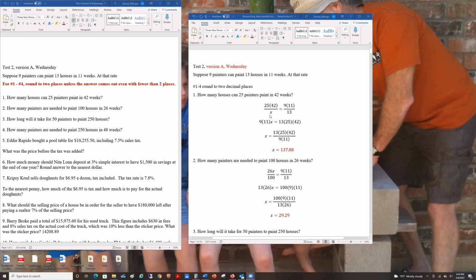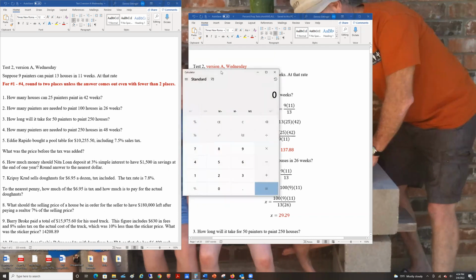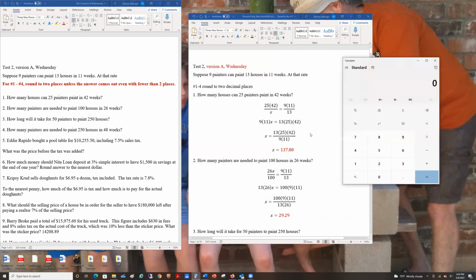You cross multiply: 9 times 11 times X equals 13 times 25 times 42. Take out your handy dandy calculator, and you can work this in more than one way. The way I like to do it is just to say 13 times 25 times 42, and then divide that by 99.